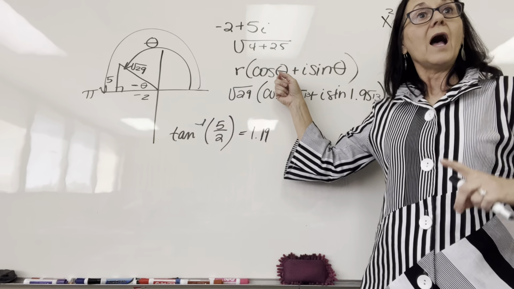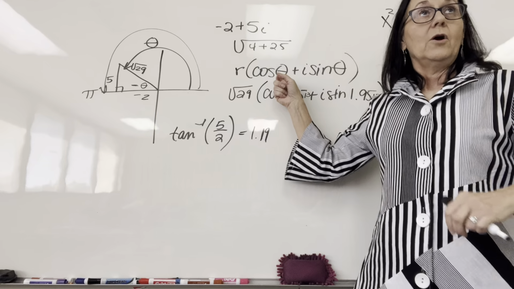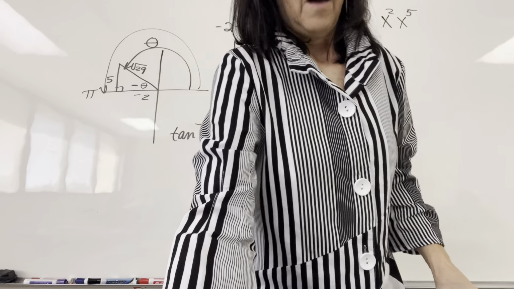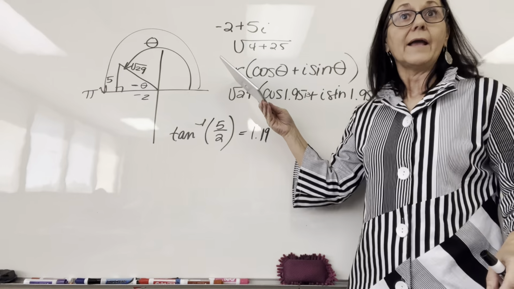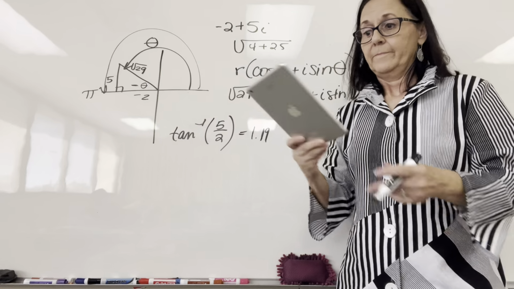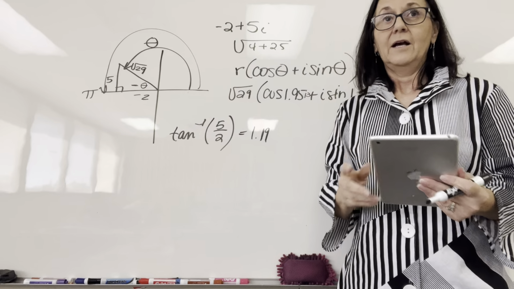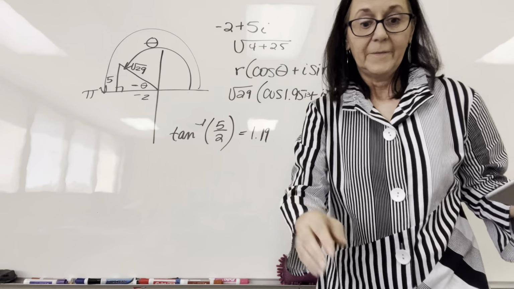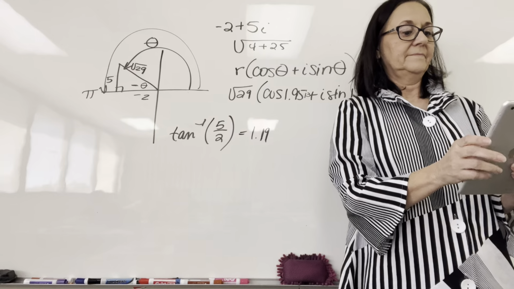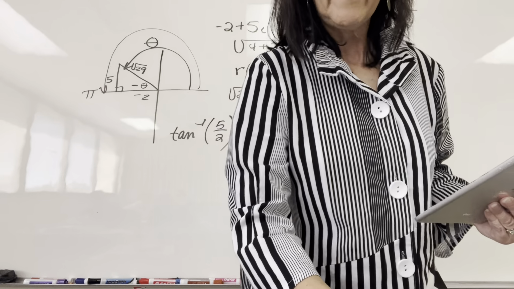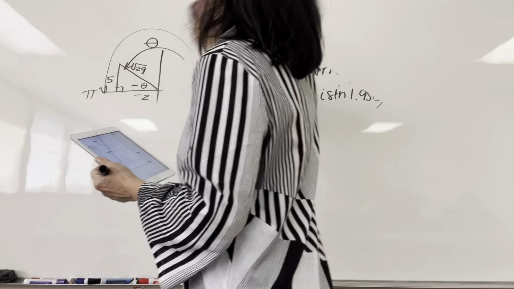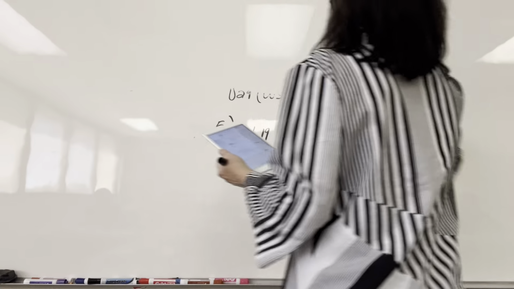So when we multiply, we're going to add our thetas. When we divide, we're going to subtract our thetas. But we are going to multiply our moduli, our r values. Got it? So it's the same rules. And that's the last 2 examples, multiplication and division. All right, so now I'm on page 641. I want you just to remember multiplication is addition, division is subtraction.